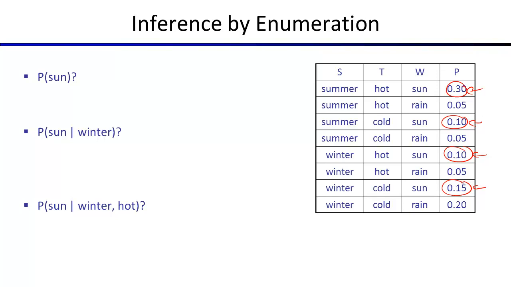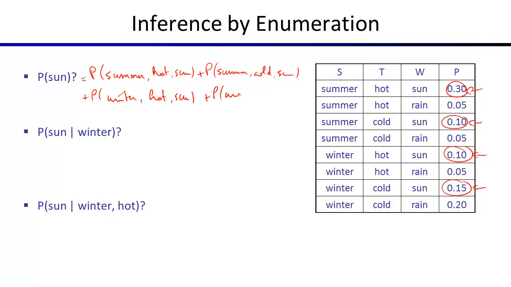We could also write this a little more methodologically as the probability of summer, comma, hot, comma, sun, plus the probability of summer, comma, cold, comma, sun, plus the probability of winter, comma, hot, comma, sun, plus the probability of winter, comma, cold, comma, sun.